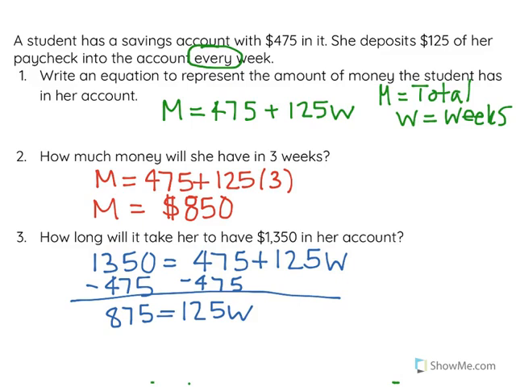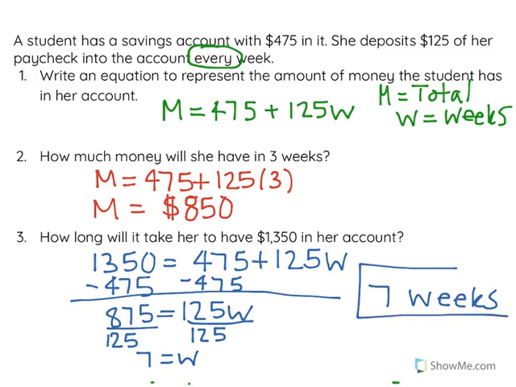Now to get rid of a number that's in front of the variable, what we're going to do is divide on both sides. And when I do that, I get 7 equals W. So what that means is it's going to take 7 weeks for the student in order to get $1,350 into her account.